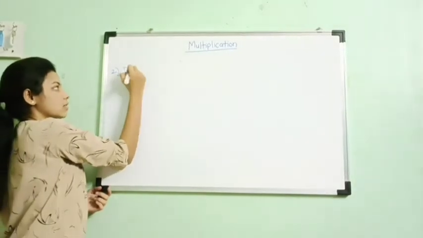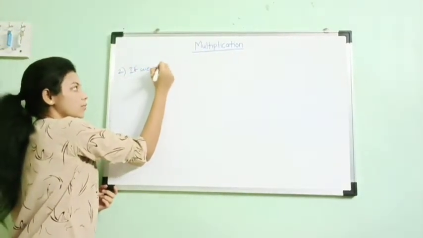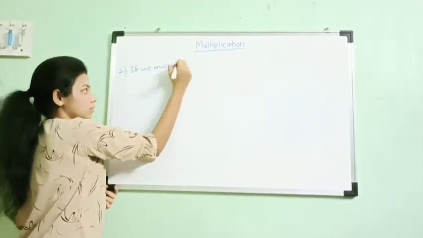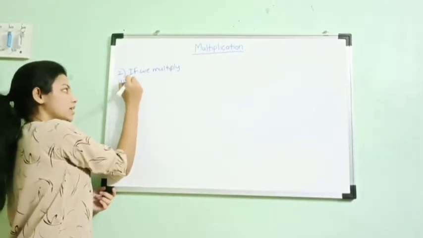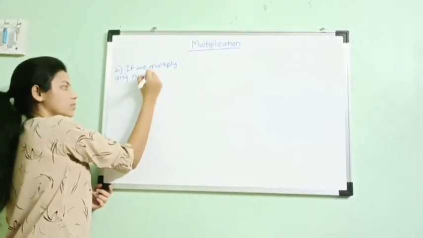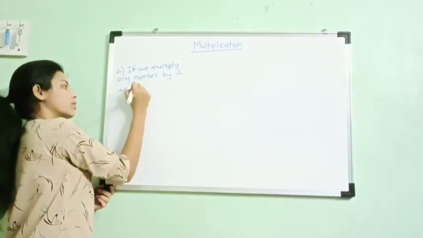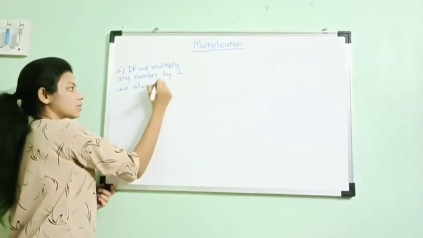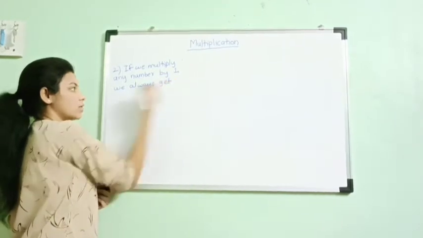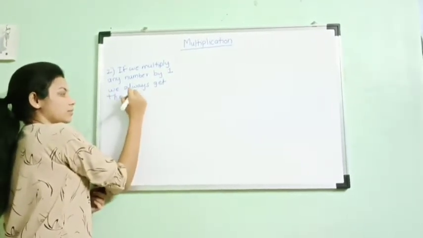That is, if we multiply any number by 1, we always get the number itself.